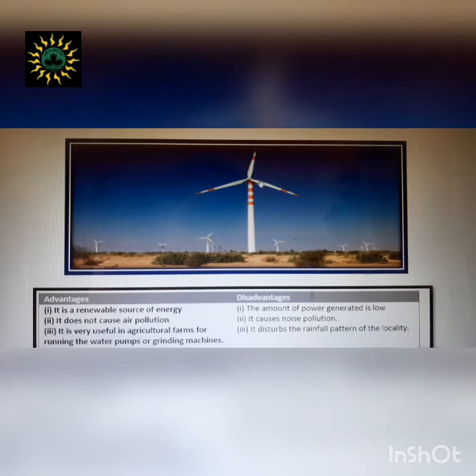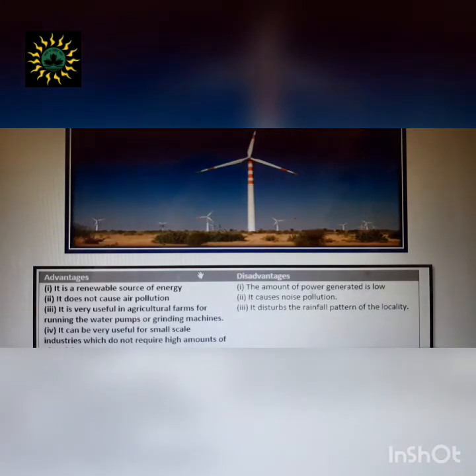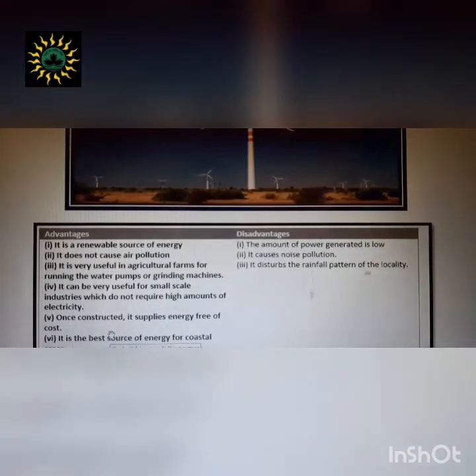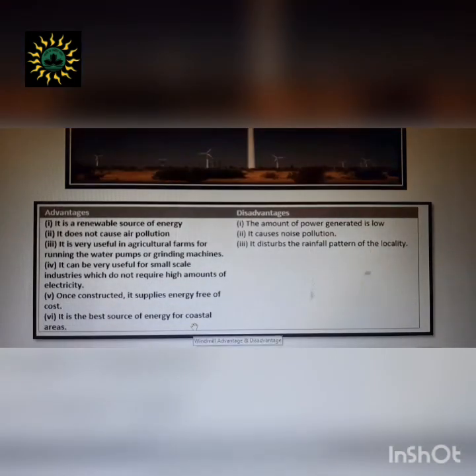So in this case, when the shaft rotates, this rotating energy of the shaft is driven to the pumps. So for pumping purposes, it is also used. It can be very useful for small scale industries which do not require high amounts of electricity. Once constructed, it supplies energy free of cost, because here we are using natural sources of energy.